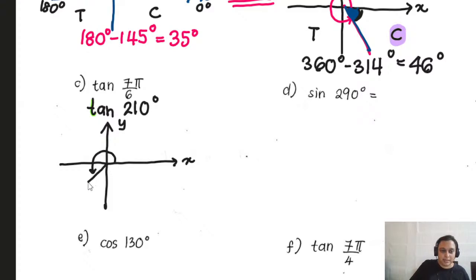Third quadrant, kuadran ketiga. Kita akan dapat 210. Just double check. You should get 210. So this is 210, isn't it?